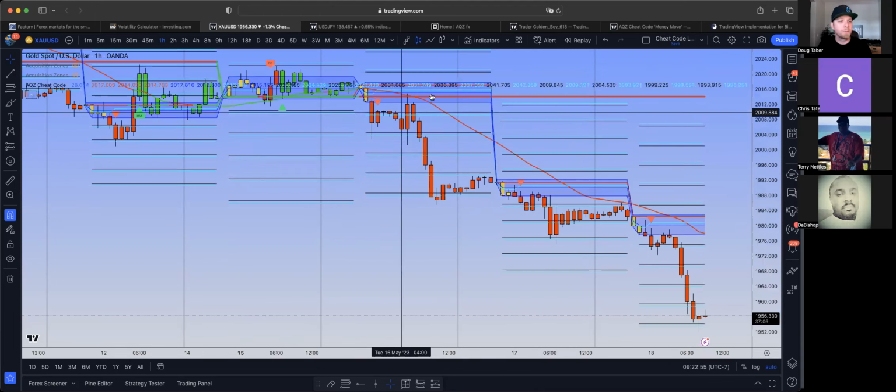Next, you see all these numbers coming off of the AQZ cheat code indicator in your left column, and all these numbers to the right.